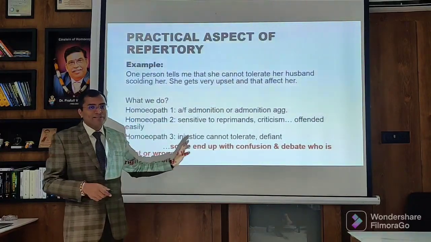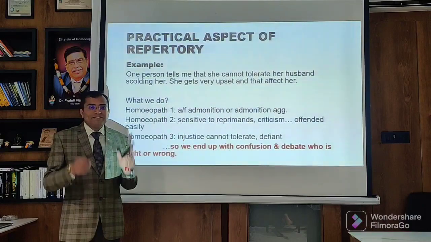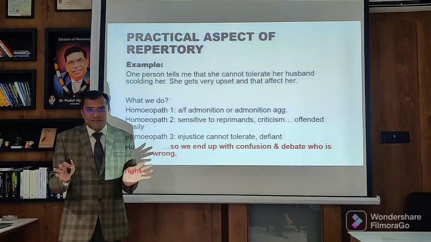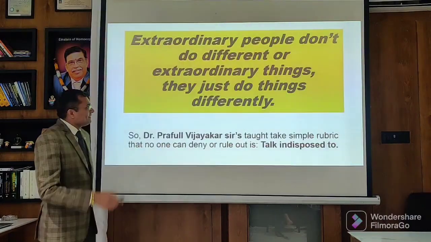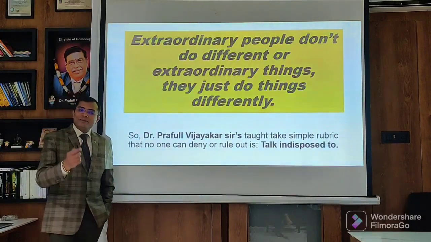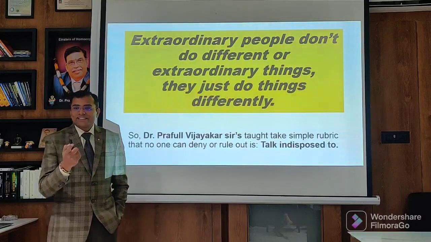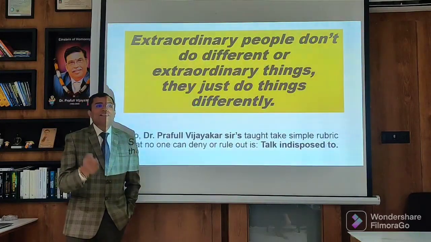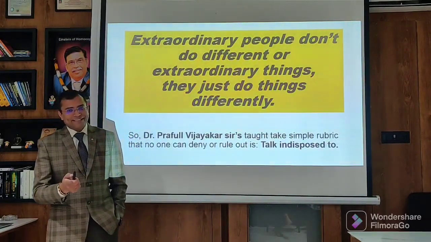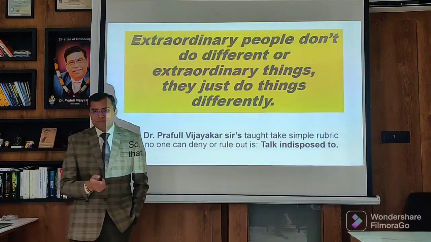Something that you have, it can come out, but something which is not there, it cannot. So let's see. Extraordinary people don't do different things or extraordinary things. They just do things differently. This is one of the proverbs.